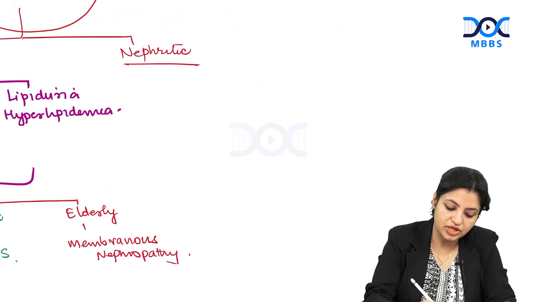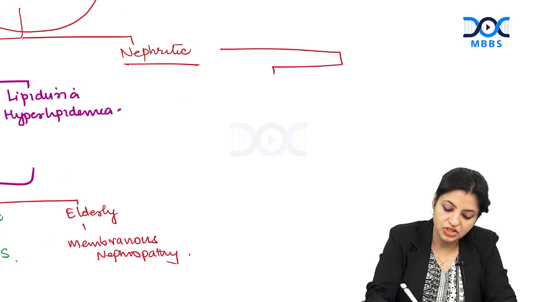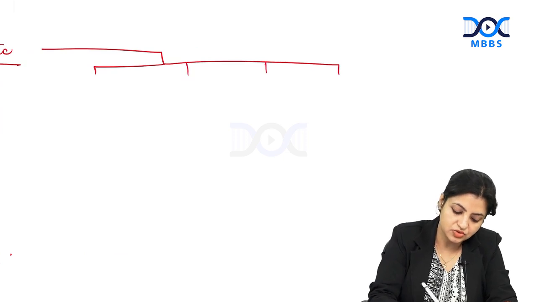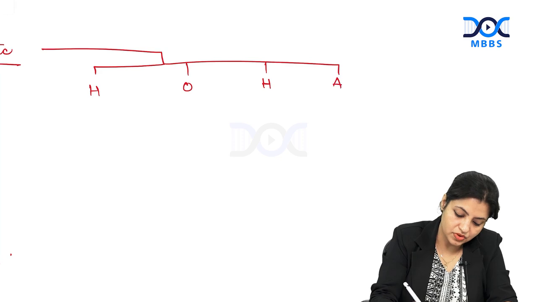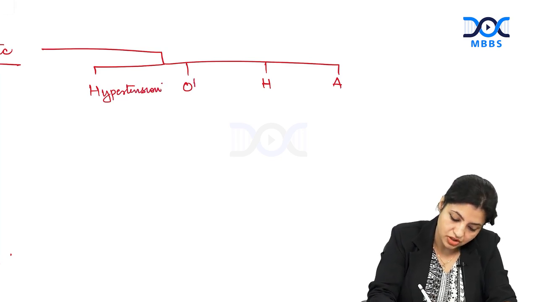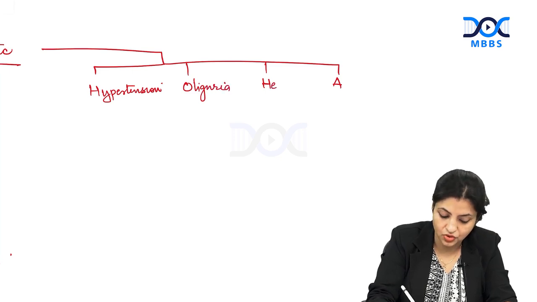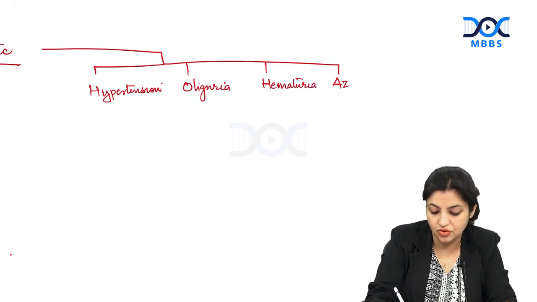Similarly, when I am talking about nephritic syndrome, they again present with a different syndrome complex. You can remember it as HOHA. H for hypertension, O for oliguria, H for hematuria and A for azotemia.